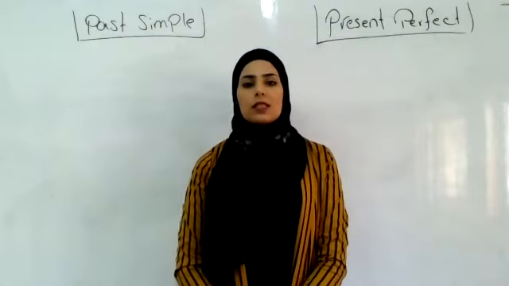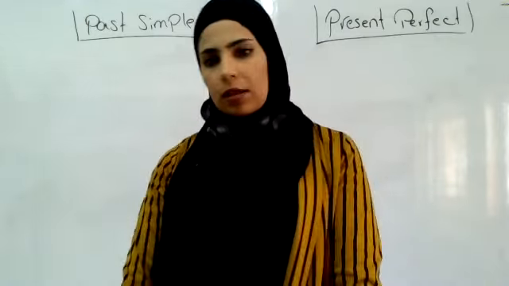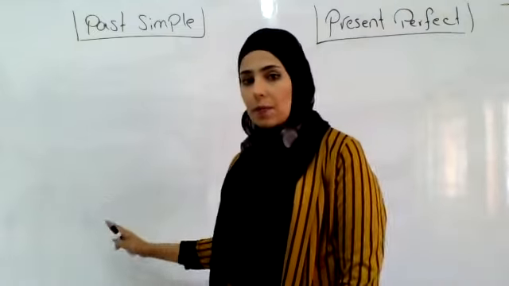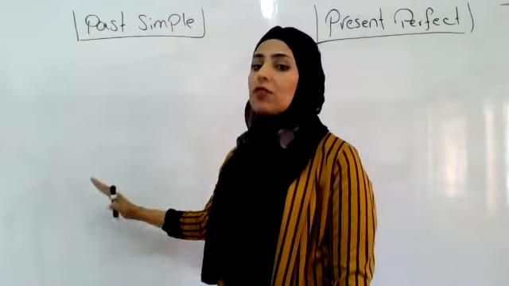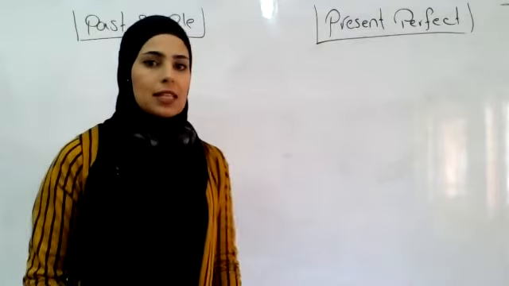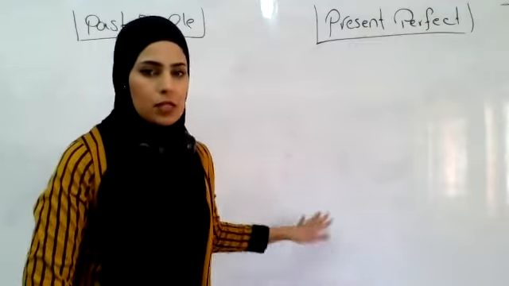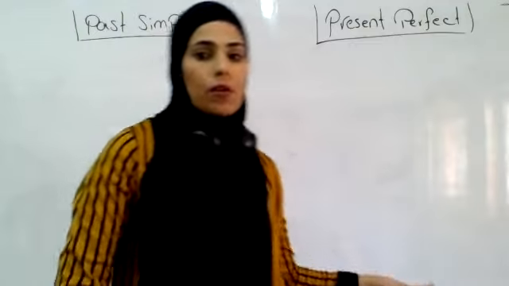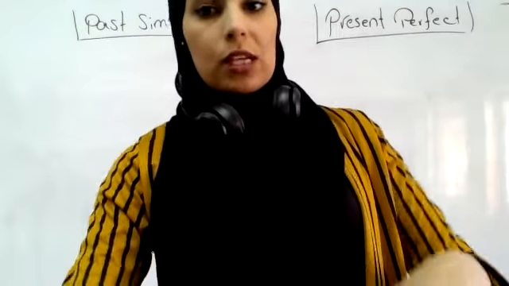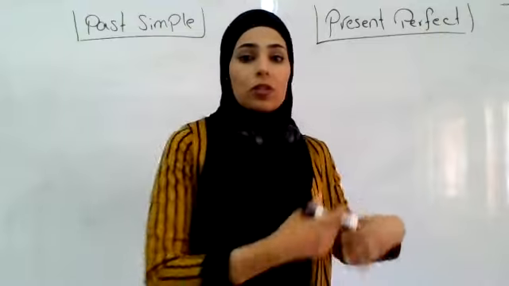We need to know what is the difference between past simple and present perfect before learning about their forms and when do we use them. The main difference between them is that in past simple we are talking about actions that started and finished in the past, and in present perfect we are talking about actions that started in the past but continued up to the present, not to the future. When we use the verb to continue up to the future, that means we are talking about present perfect continuous.